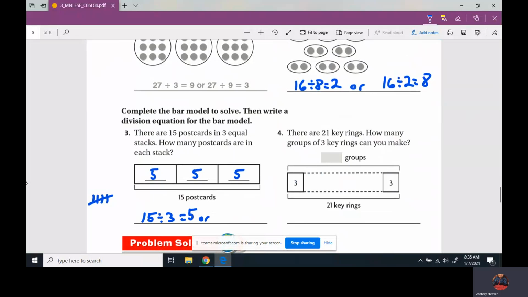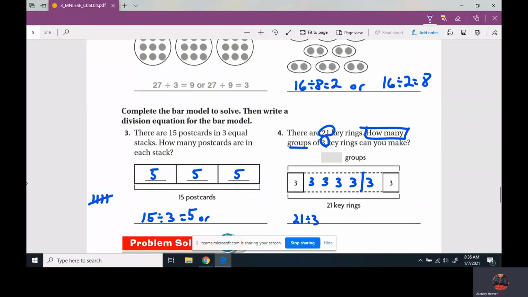There are 21 key rings. How many groups of 3 can we make? So we have 21 here. This whole thing has to be 21. And we're dividing it by 3. So we have 3, 6, 9, 12, 15, 18, 21.